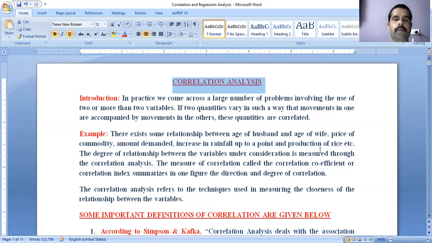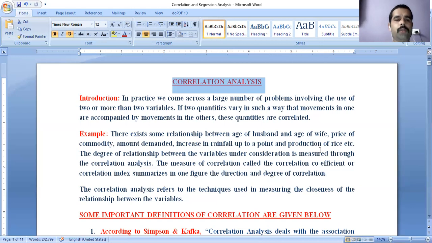If two quantities vary in such a way that movements in one are accompanied by movements in the other, these quantities are correlated. In one variable different values are given, and in the second variable different values are given. Whether these two variables are correlated or not, whether they have perfectly positive correlation or perfectly negative correlation, we are going to see.